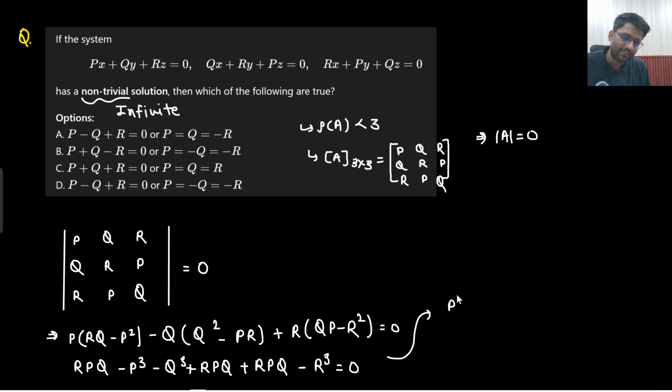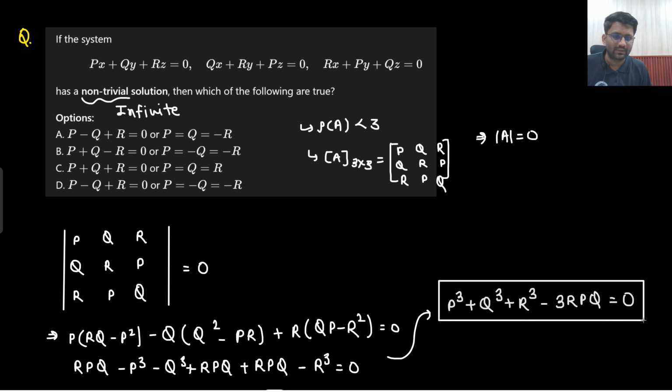This has become P cube plus Q cube plus R cube. I am multiplying by a negative sign on both sides. So P cube plus Q cube plus R cube minus 3PQR equals 0.